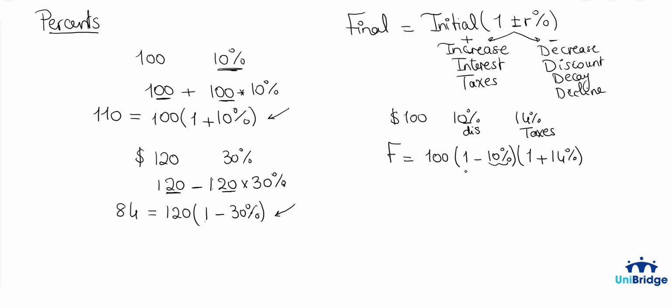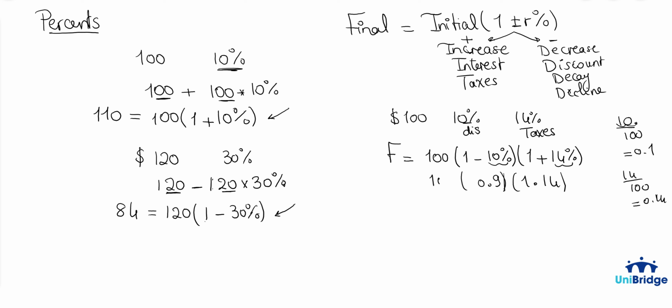Notice that 10% is the same as 10 over 100, which is the same as moving the decimal 2 places back. So this is 0.1, and 1 minus 0.1 is 0.9. And 1 plus 14%, again 14% is 14 over 100, so this is 0.14, and 1 plus 0.14 is 1.14.